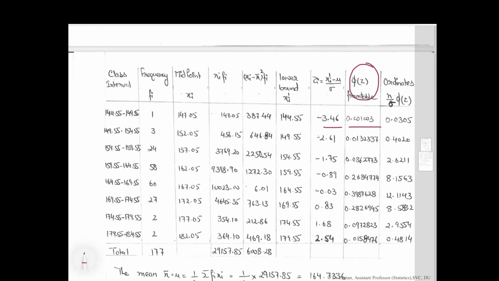As I already told you, if it is a negative Z, then just make it positive by writing small phi of minus Z equal to phi of Z because of the symmetry of the normal distribution. Similarly, we can calculate the value for 2.61. We will see the value of phi of Z, where Z is equal to 2.61, from the table.